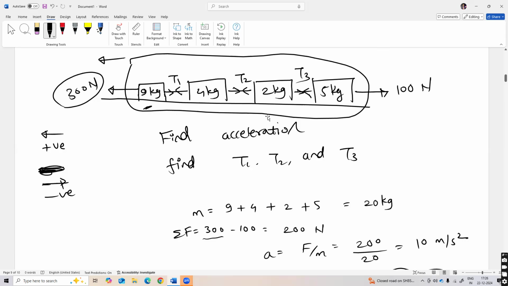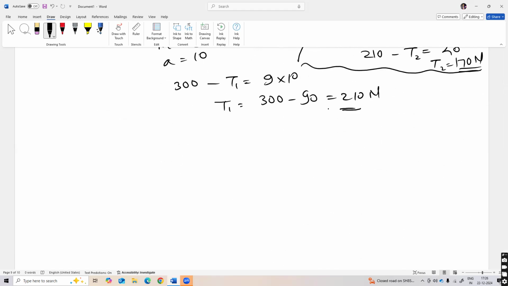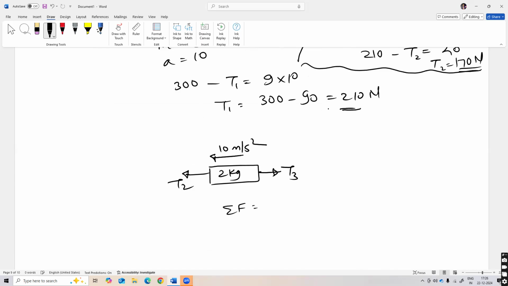Now we will consider the 2 kg mass where on the left side T2 is acting, on the right hand side T3 is acting. So this is the 2 kg mass. There is force T2 on left side. There is force T3 on the right hand side. There is acceleration of 10 meter per second square towards left. So in this case, summation of forces is T2 minus T3, and T2 is already known, 170 minus T3.